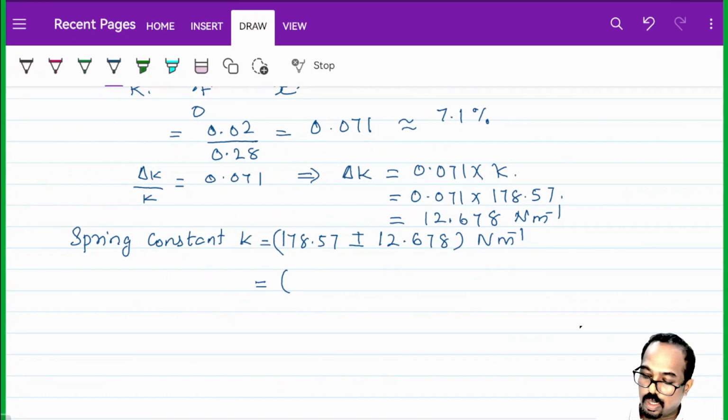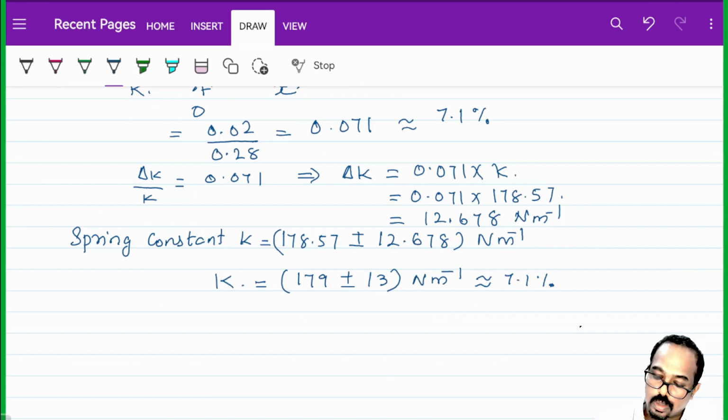So 178.57 you can write as 179, plus or minus 12.678 as 13 Newton per meter, with approximate uncertainty in percentage of 7.1 percent. So this is the value for K. This is your answer.